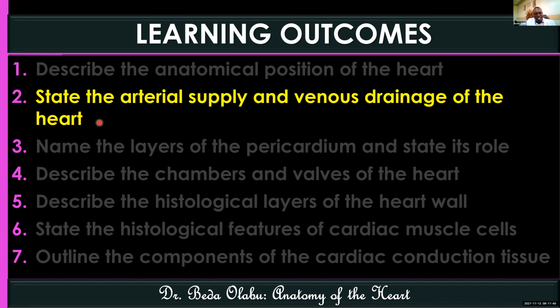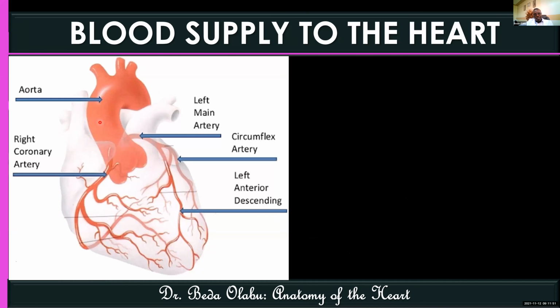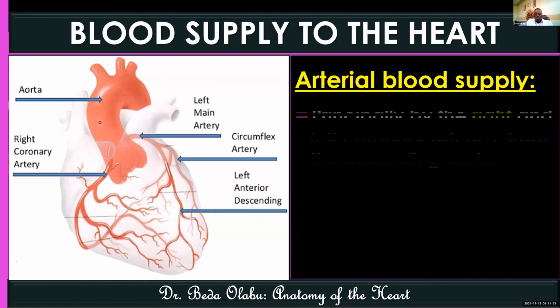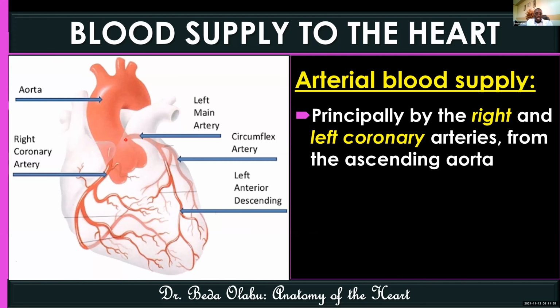Let's talk about the arterial blood supply to the heart then. So the heart receives coronary arteries, the right and the left coronary artery. They all arise from the ascending aorta.